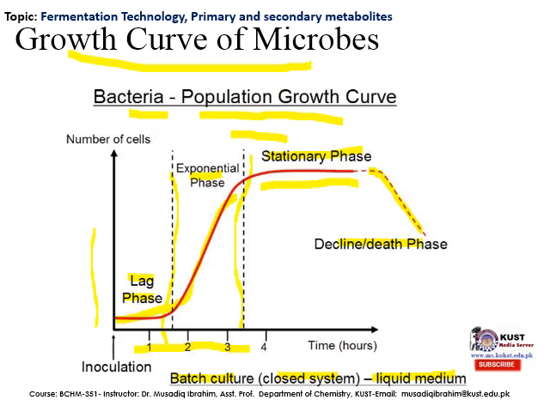So by seeing this growth curve, you can understand that there are basically four phases. The first one is the lag phase, the second one is the exponential phase, the third one is the stationary phase, and the last and the fourth phase is the death phase or the decline phase.